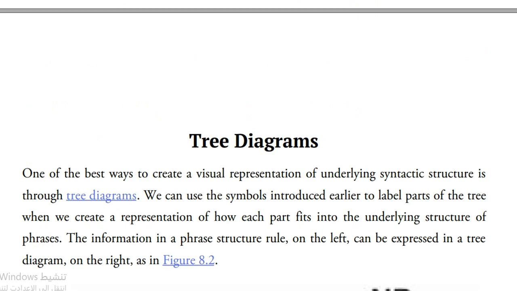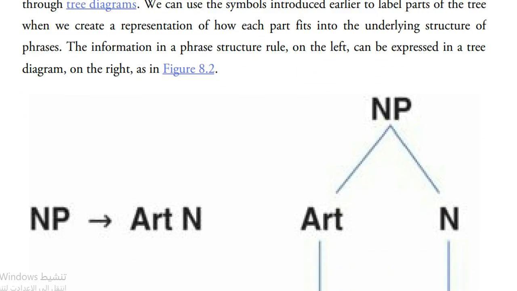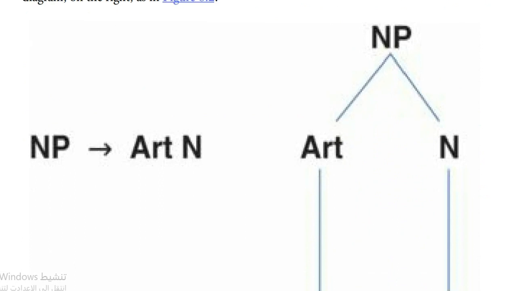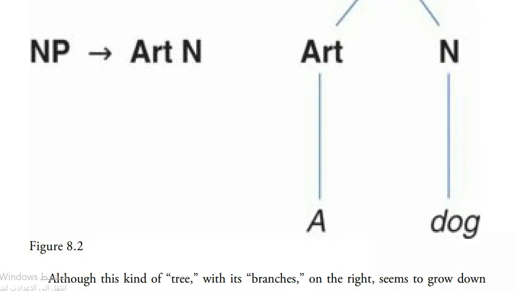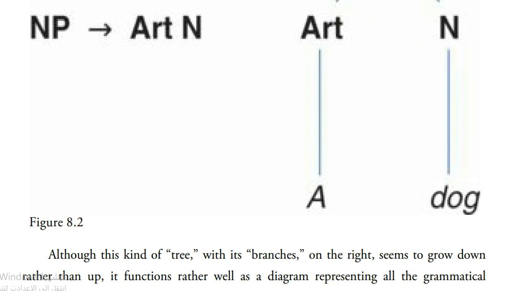We have here the tree diagram that we mentioned last time. Usually in a tree diagram we start like this: we put the phrase on the top and we have lines, as you see here. Let's say that we have article and noun, and it looks like a dog. That's how we draw the tree, which is called a tree diagram.